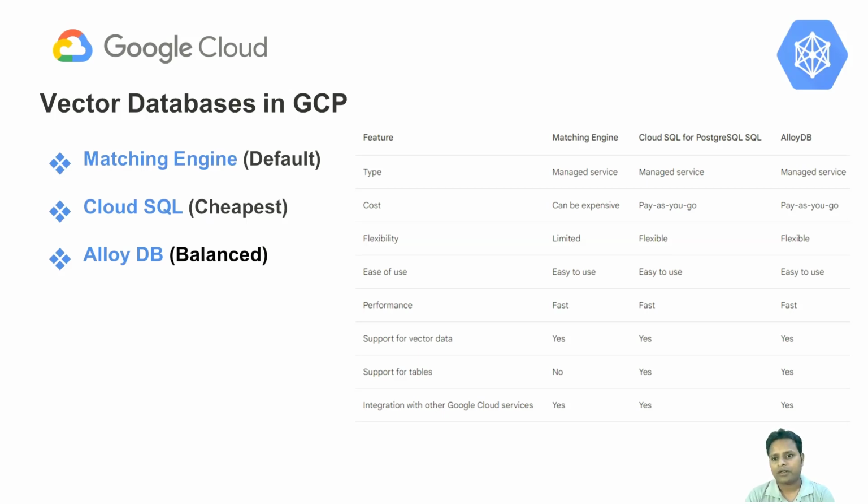On the other hand, CloudSQL for PostgreSQL is a general purpose database that can be used to store and query vector data. And talking about AlloyDB, it's a new generation of PostgreSQL that is designed to be more scalable and performant compared to traditional PostgreSQL on CloudSQL. The best vector database for you will depend on your specific needs and requirements. So now let's move next.